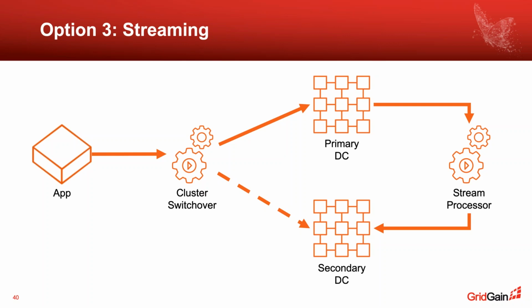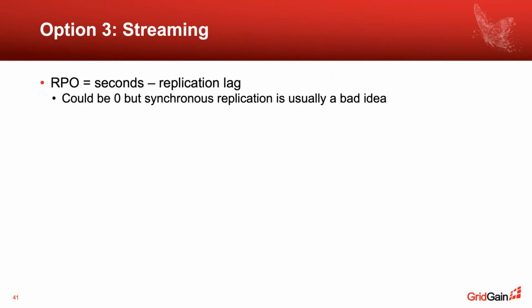Before we review the actual options for streaming with Apache Ignite and GridGain, let's first talk about our parameters, RPO and RTO. RPO would normally be of seconds, which would be the asynchronous replication lag, the streaming lag. It could be 0 in theory if you set up replication synchronously, but this might also be a bad idea because synchronous replication would require a fast and reliable network from you again.